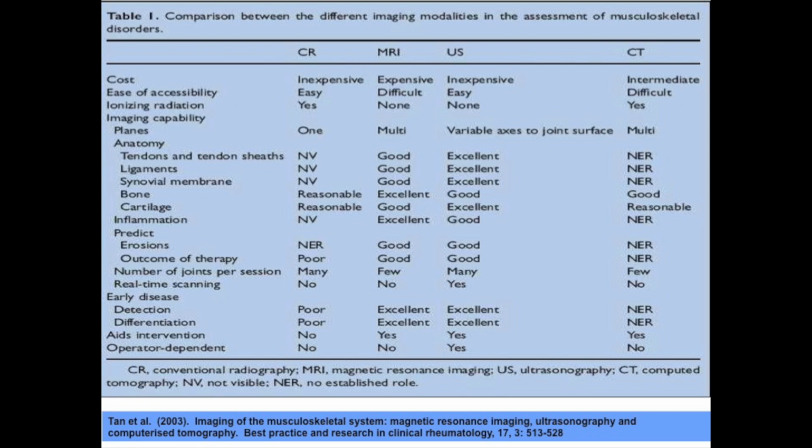In terms of the ability to detect early changes, particularly erosions, which we commonly see in patients with inflammatory joint diseases, you will see that erosions really are not seen at an early stage on an X-ray, and it would be much more appropriate to use ultrasound or an MRI.